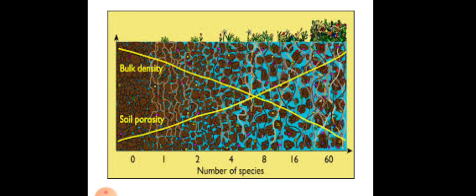If the porosity is higher then bulk density is lower, and if the bulk density is higher then soil porosity is lower. So they are inversely proportional to each other. If the soil has high bulk density then that soil has minimum soil porosity, and if the soil porosity is higher then bulk density is lower.